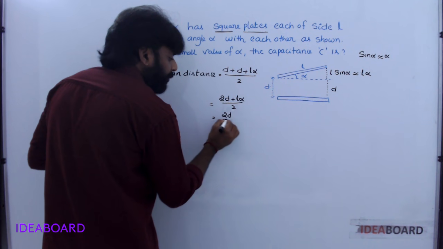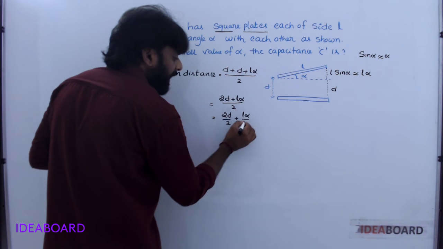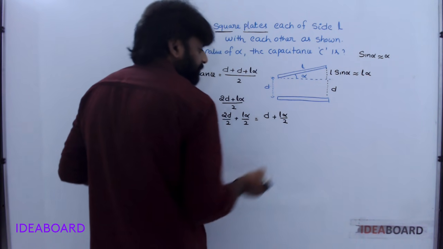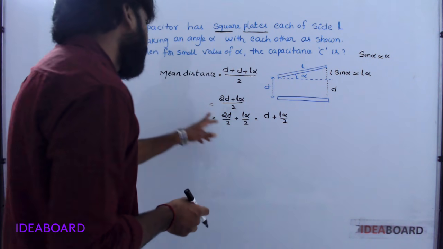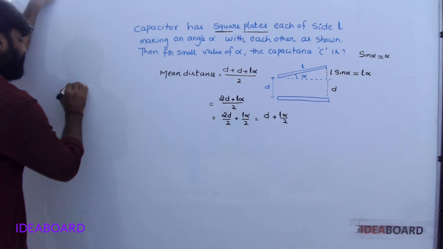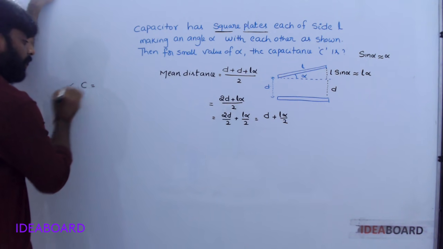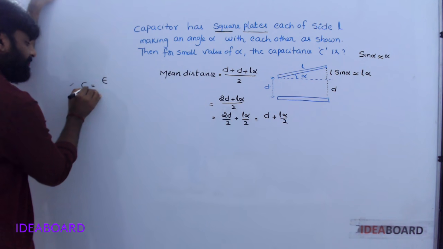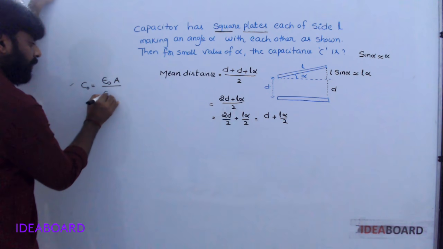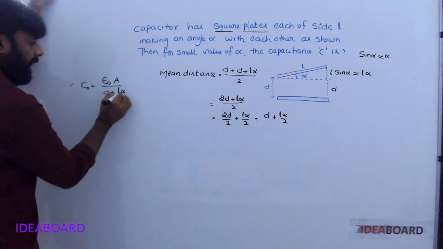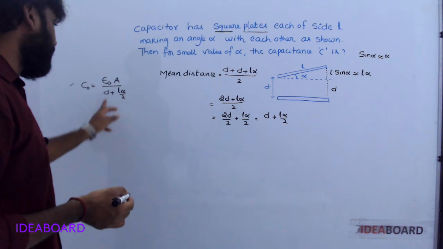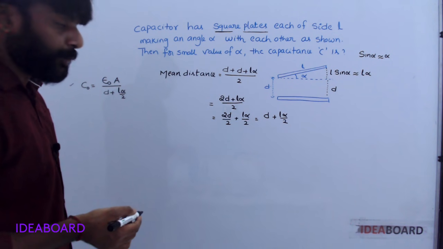Now, 2D by 2 plus L alpha by 2, so D plus L alpha by 2. It is the mean distance. Understood? For capacitance, the formula C is equal to epsilon naught A by the mean distance, which is D plus L alpha by 2. So C is equal to epsilon naught A by D plus L alpha by 2.